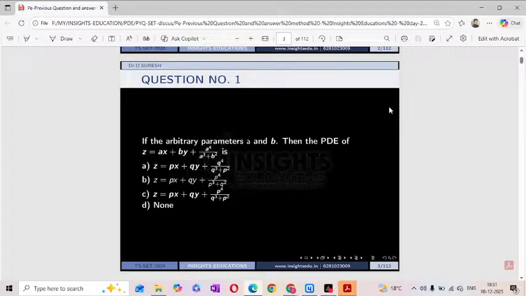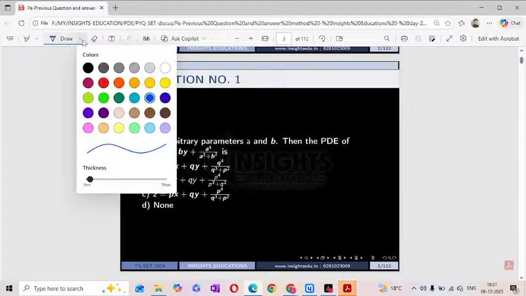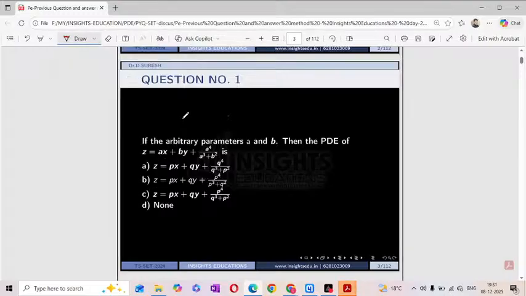If the arbitrary parameters A and B, then the partial differential equation of Z is equal to AX plus BY plus A power 4 by A cube plus B cube is. That means what is the partial differential equation of the given equation.